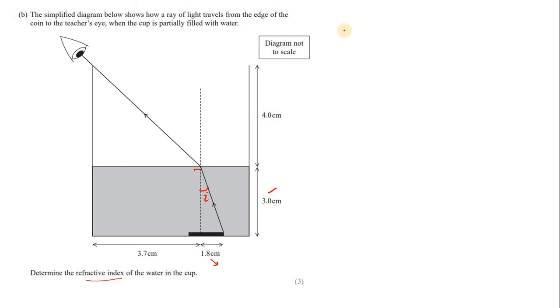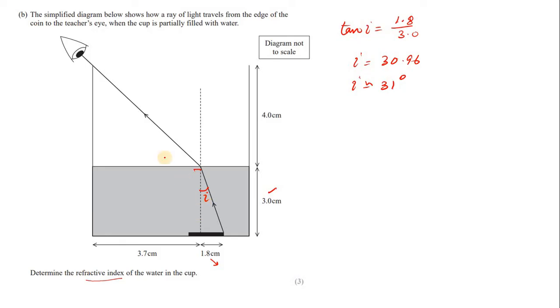So we can use tangent I equals opposite over adjacent, so 1.8 divided by 3.0. You can figure out I if you use tangent inverse. So the incident angle will be 30.96, which is approximately 31 degrees.